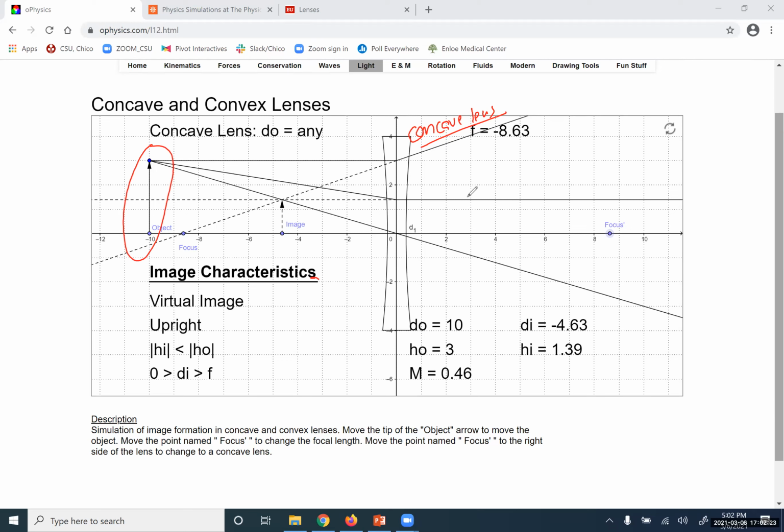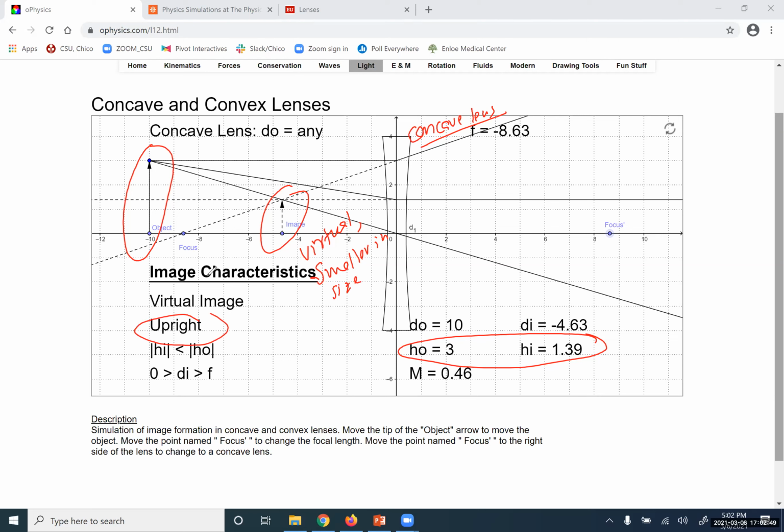Then if you see this ray diagram, the image will be virtual, and the height of the image will be smaller. So a virtual, smaller image will be formed, and it will be upright.